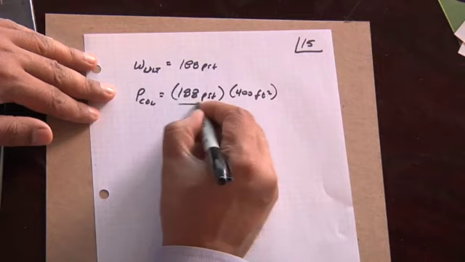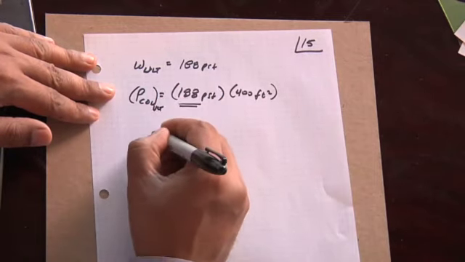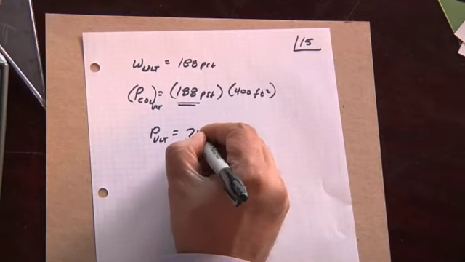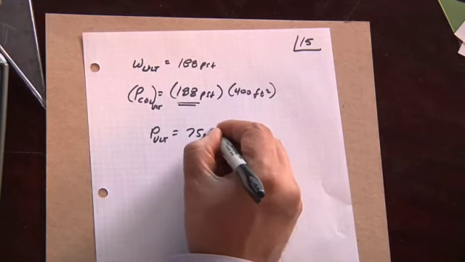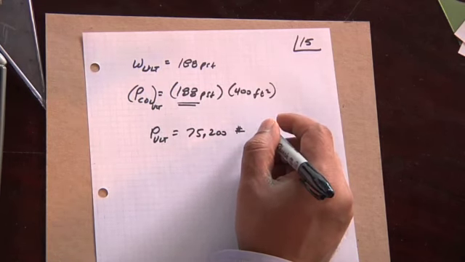So 188 PSF times 400 square feet is my ultimate column load, and that works out to 75,200 pounds. That's per floor.